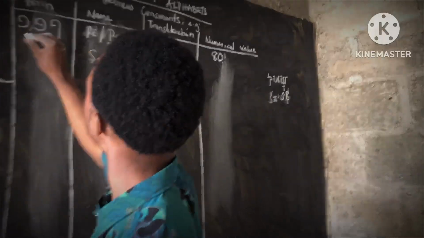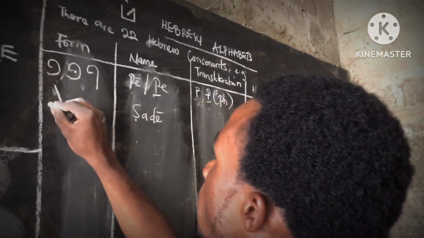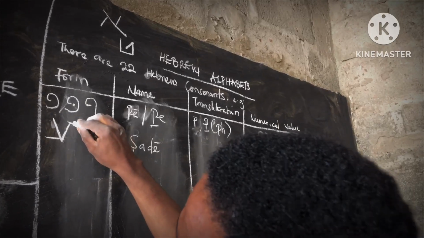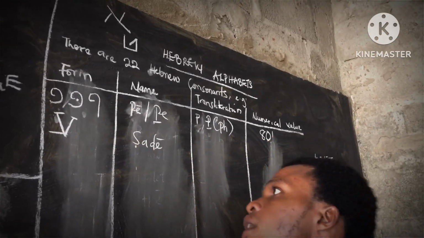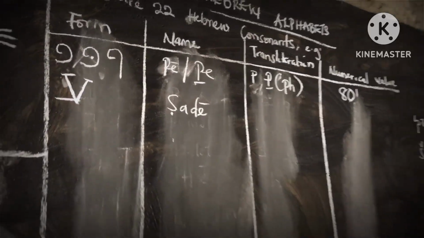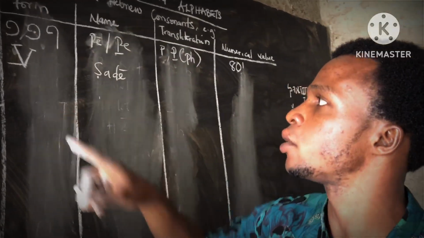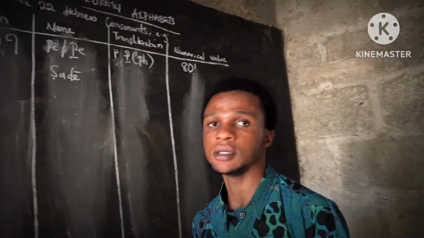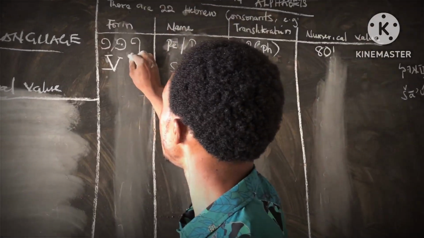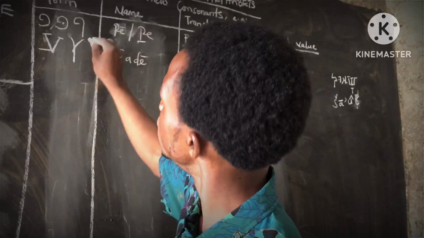Let me give you a simple way. Sade is written like this when it comes at the beginning or in the middle. But when it comes at the end, it changes its form to this.